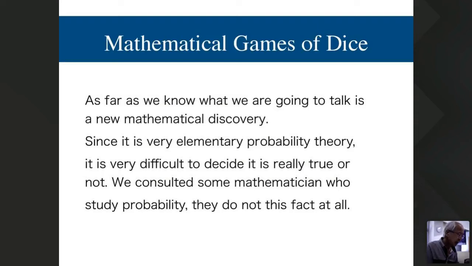This is a new fact discovered by computer calculation. But because there is a very long history of elementary probability theory, it's very difficult to decide whether it is really true or not. We consulted some mathematicians who study probability, and they didn't know this fact at all.